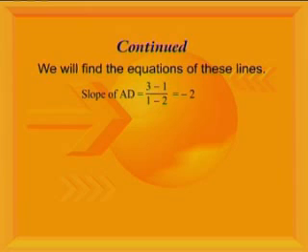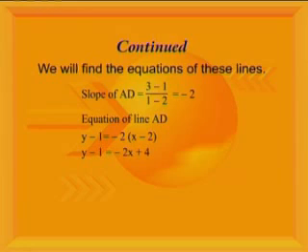Using the formula for the slope and a point, the equation of the line AD is y minus 1 is equal to minus 2 into (x minus 2), and then y minus 1 is equal to minus 2x plus 4, and minus 2x is equal to y minus 5, and from here x is equal to minus (y minus 5) divided by 2.